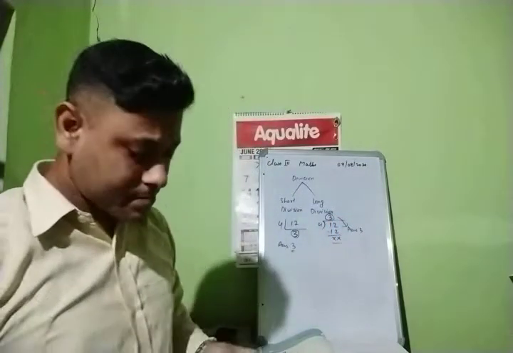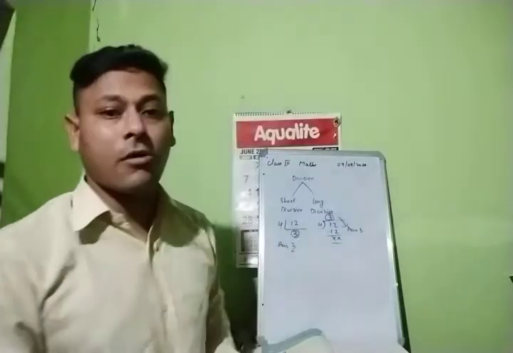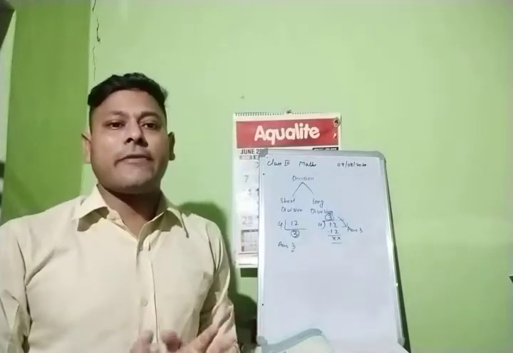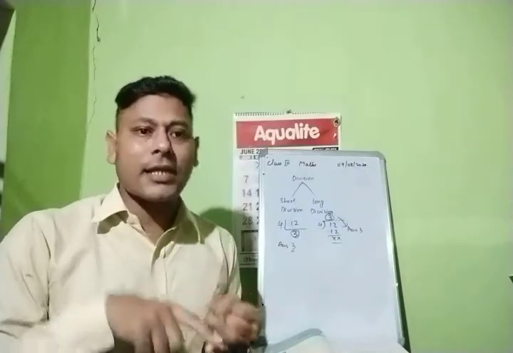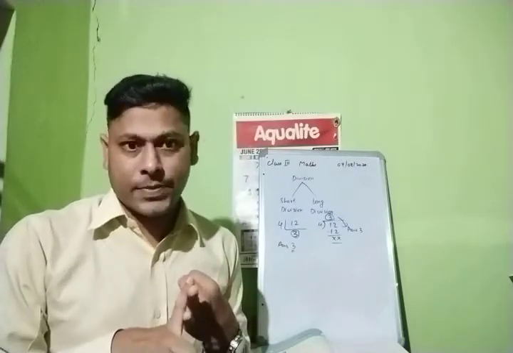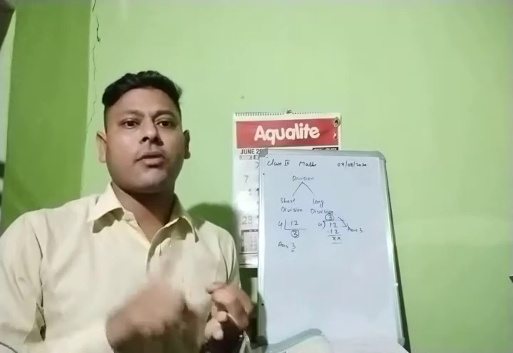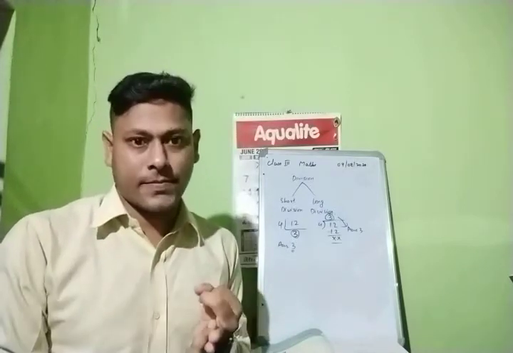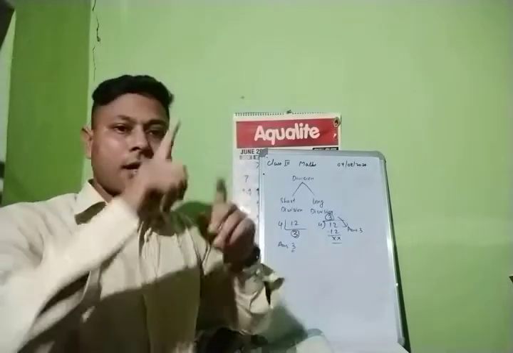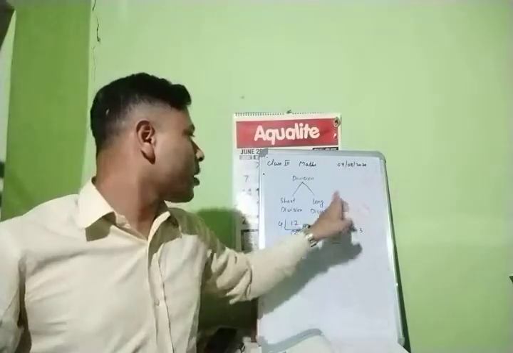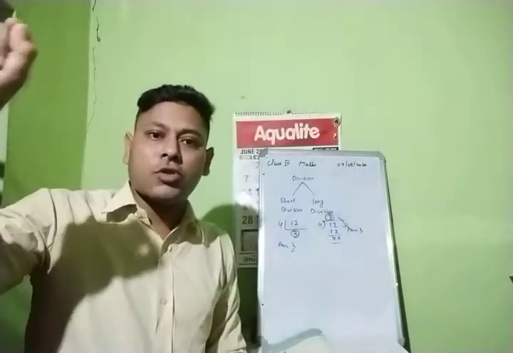Understood all? Division is divided into two types or two methods. One is the short division method, another is the long division method. In short division, the division box will be down, and in the long division method, the division box will be up.